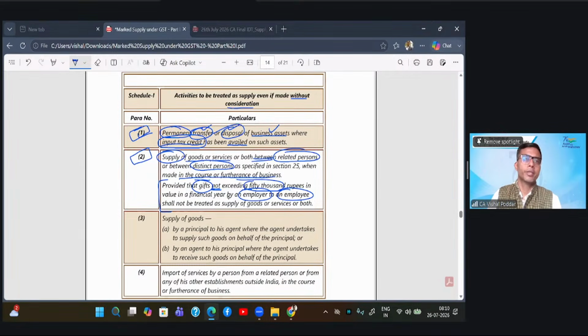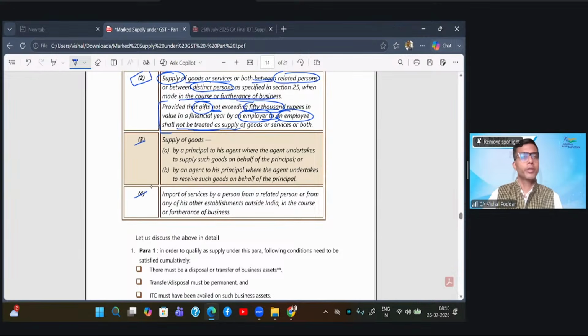So the point is, we are saying anything given free between relatives or related persons will be a supply, but an exception to that is where employer is giving gift to employee not exceeding 50,000, it will not be treated as supply.